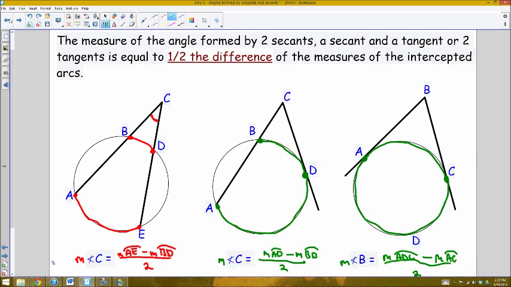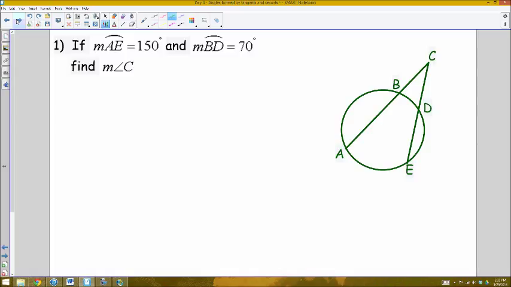So let's look at the examples for this. In an example where I have two secants, I tell you that the measure of arc AE is 150 degrees. The measure of BD is 70.